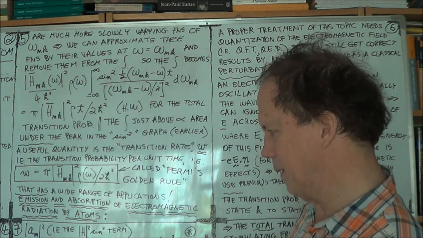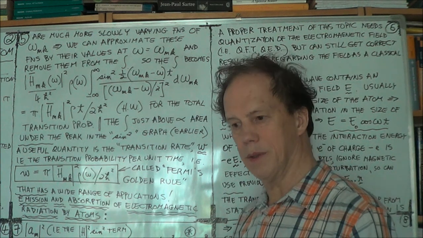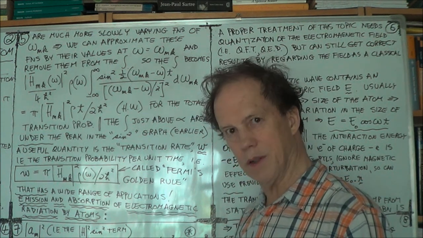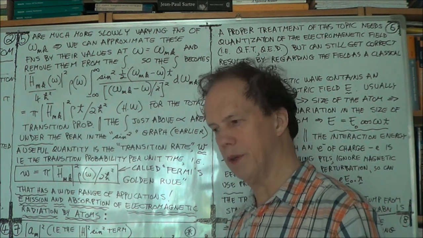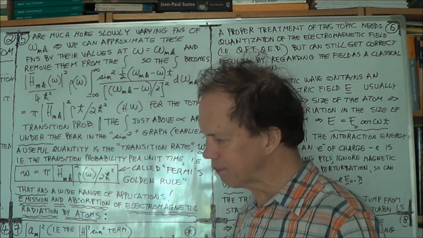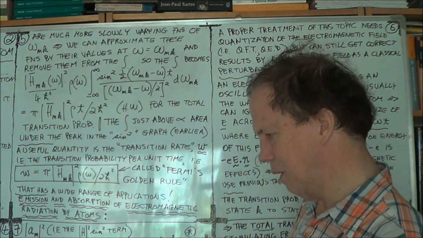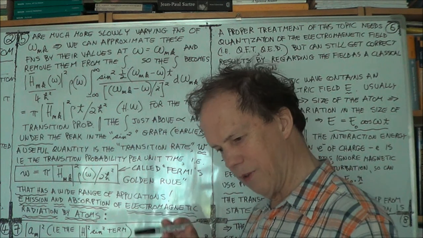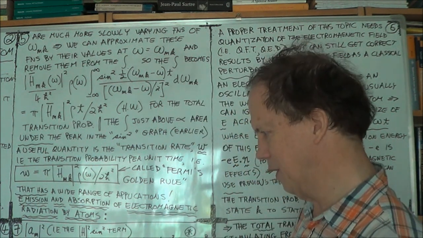Now that A_m squared, remember, was your probability of a transition to state m. It was sharply peaked, remember, the sine squared form, sharply peaked at the value omega_mk, that particular angular frequency.